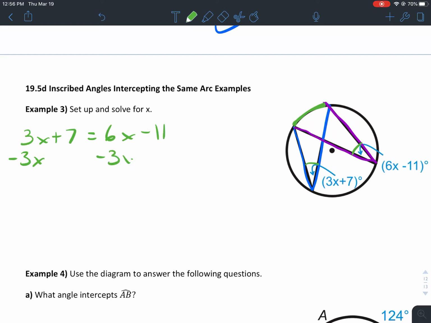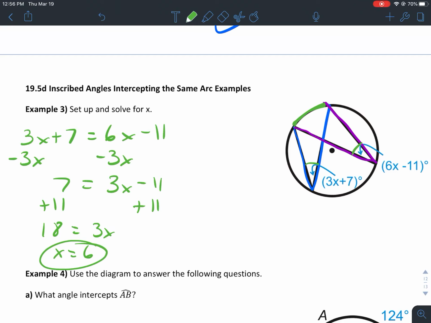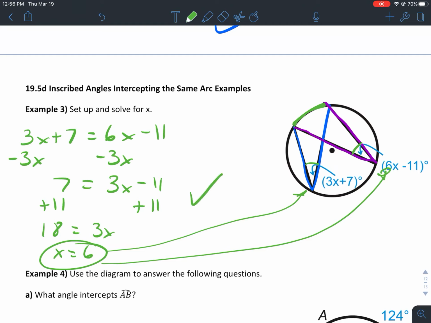We go ahead and solve. Minus 3x, minus 3x. We get 3x minus 11 equals 7. Bring the 11 over. We get 18 equals 3x, so x equals 6. And again, if we plug 6 back into either of these, we are both going to get positive values, so we are good.